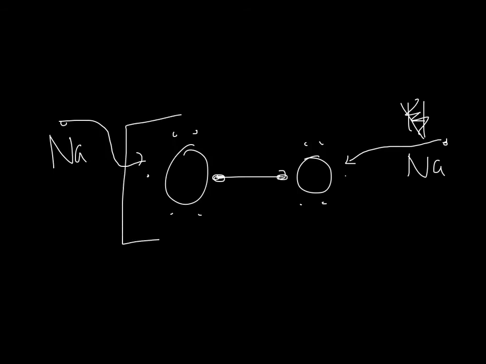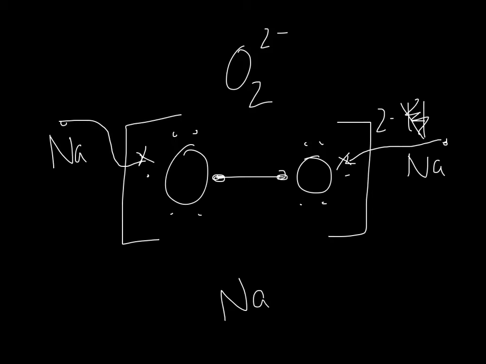The whole molecule now becomes 2 negative, and that's how we get the peroxide ion. That's why we write it as O2, because there's 2 oxygen atoms, and because of the gain of 2 electrons, it's 2 negative. And our formula here would be Na2O2. So there's peroxide for you.